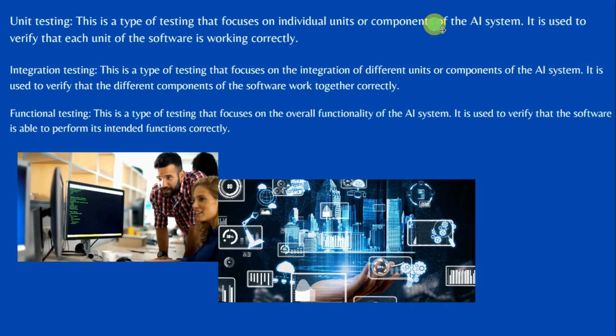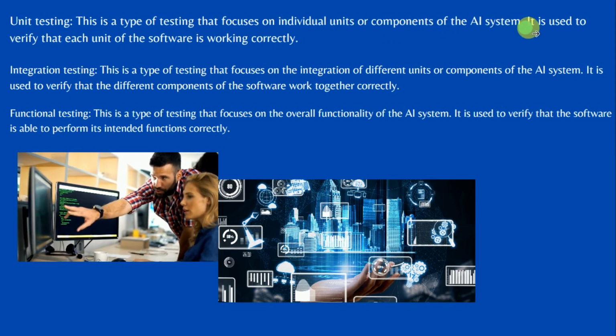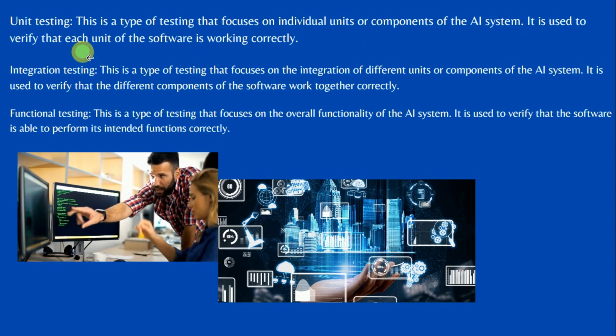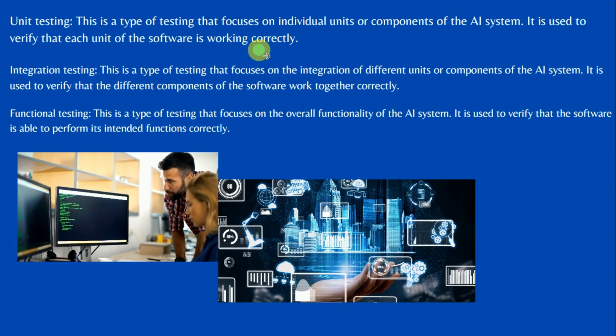So we need to perform the testing on each and every component of the system, and it is used to verify that each unit of the software is working correctly or not. So first we design the component, then we ensure the component is working or not. Once one component is working as per the requirement, we switch to the integration testing.